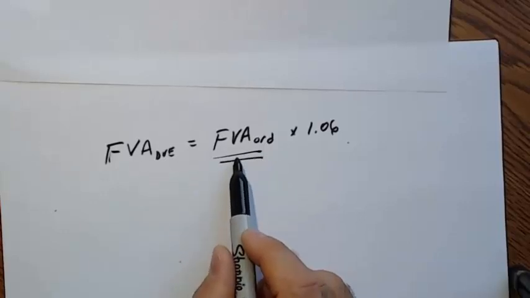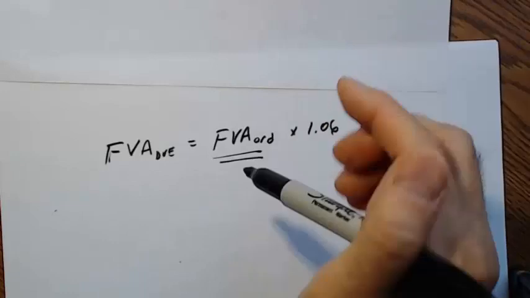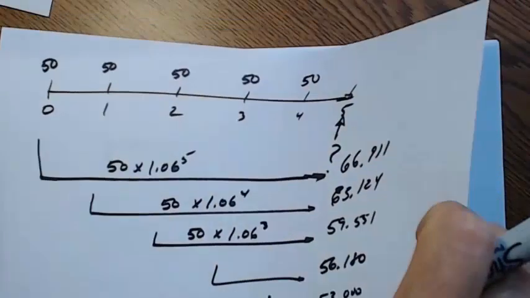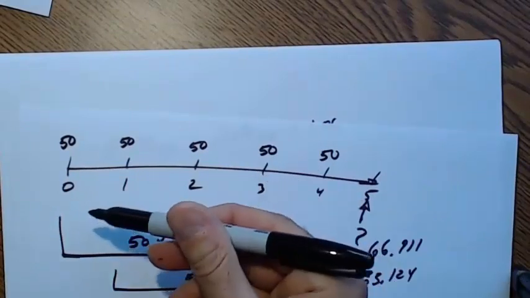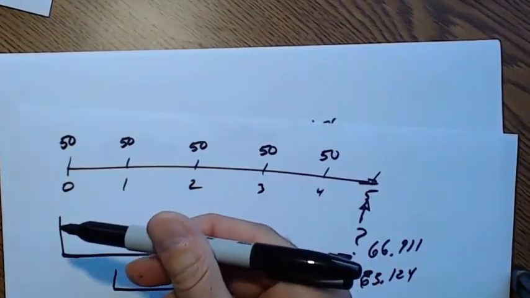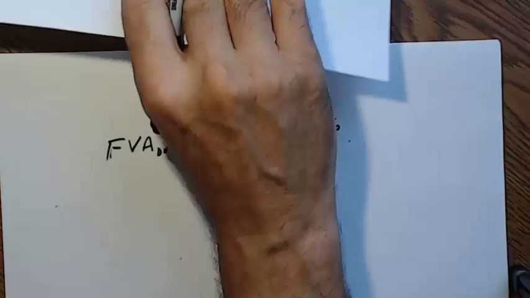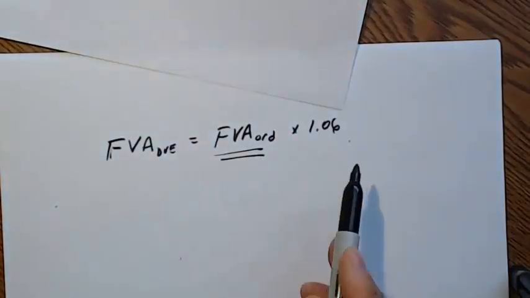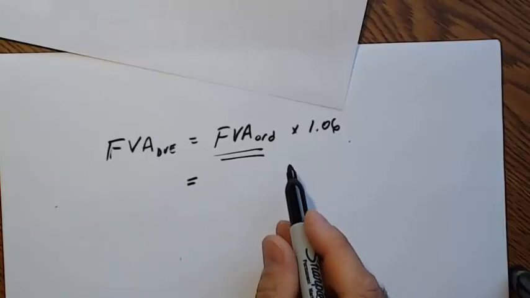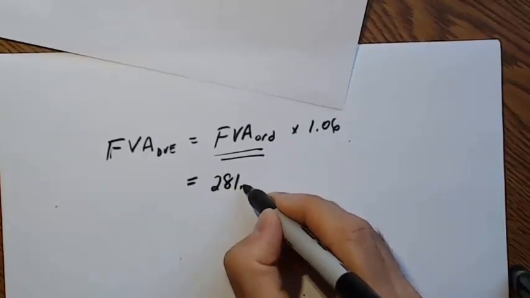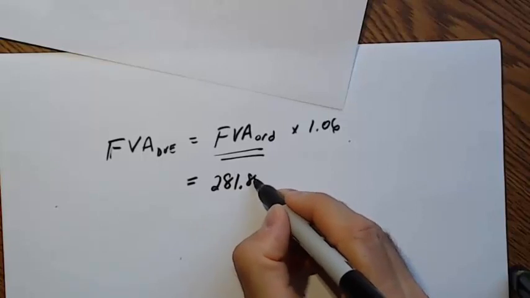And if I take those payments and compound them by one whole extra period, because I shifted everything to the left, then all I need to do is compound that whole balance one extra period, at 6%. What I get is 281.855.